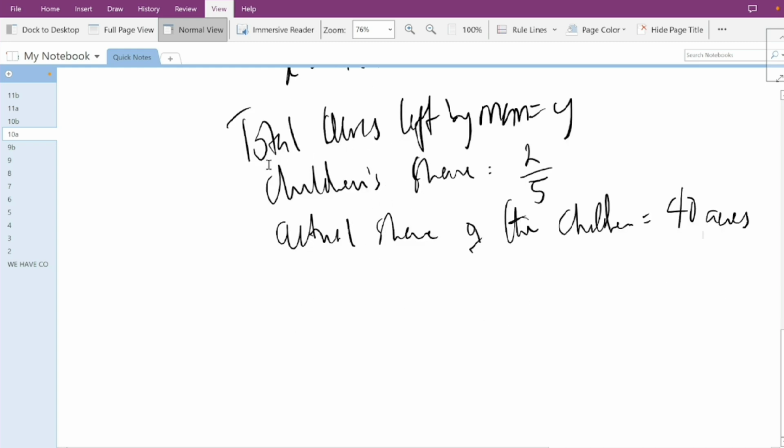Now we can find the total acres left by the man using these two values. The children got 2 over 5 of the total acres the man left, so we have 2 over 5 of the total land the man left, which is y, should equal 40 acres, what the children shared, which we got from what the least child got.